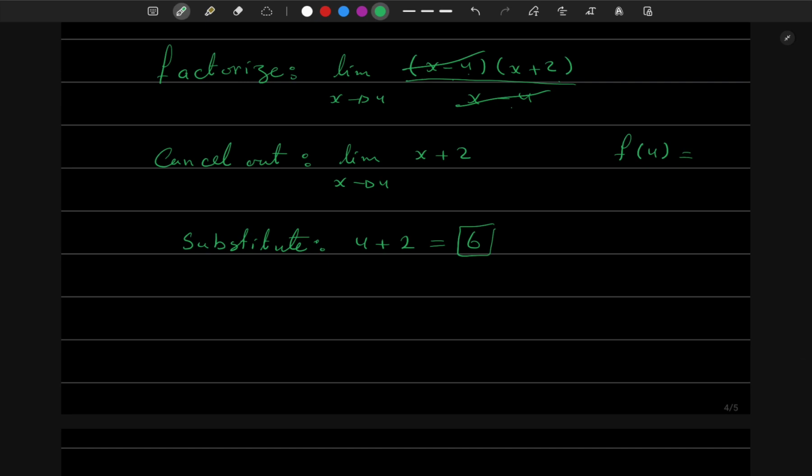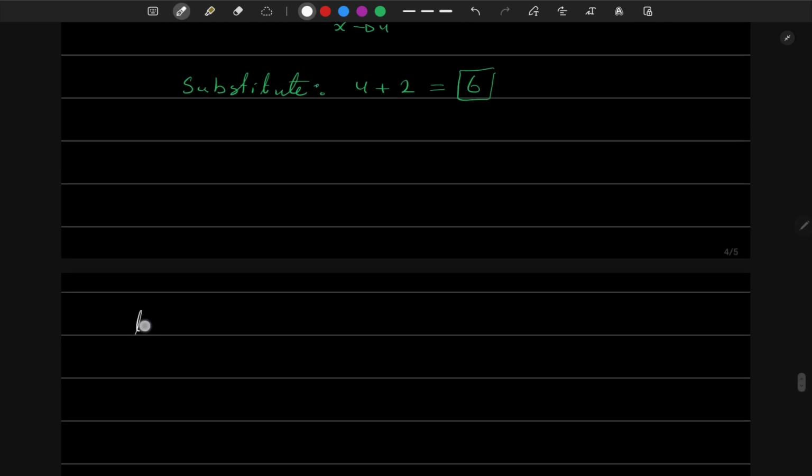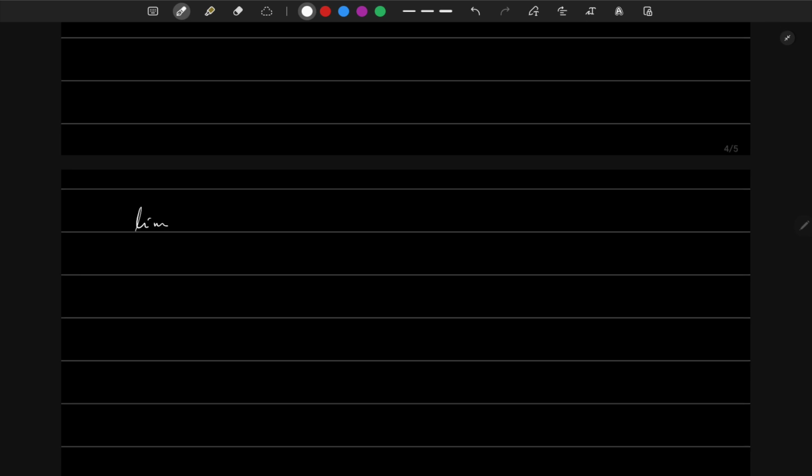Let's take another example. Let's find the limit of x to the power of 4 minus 625 divided by x minus 5 with x approaching 5.